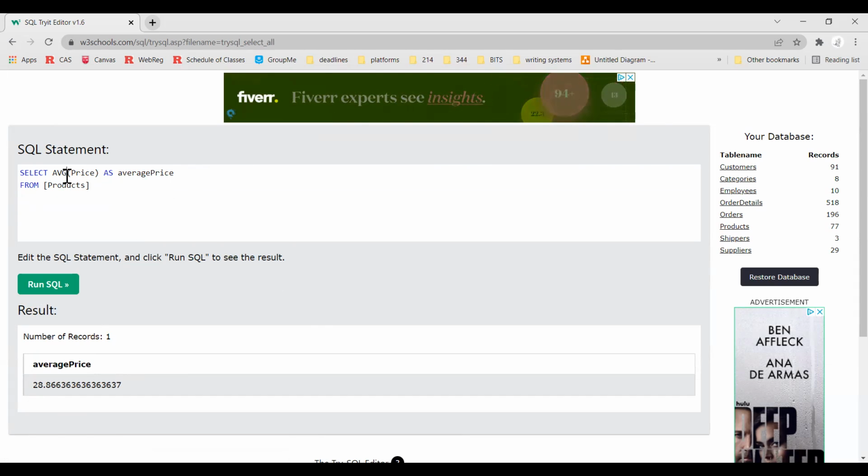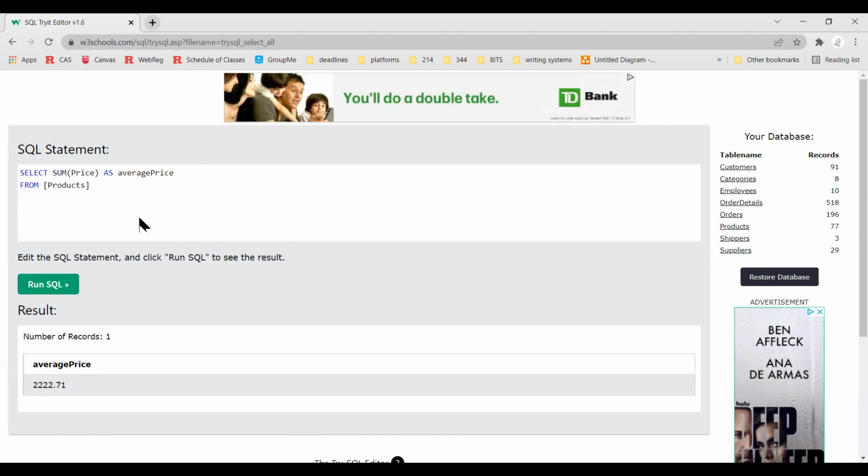And if we can do average, of course, we can also do sum, considering that you kind of combine count and sum to get average. Oh, okay. I still called it average price. Well, that's definitely misleading.